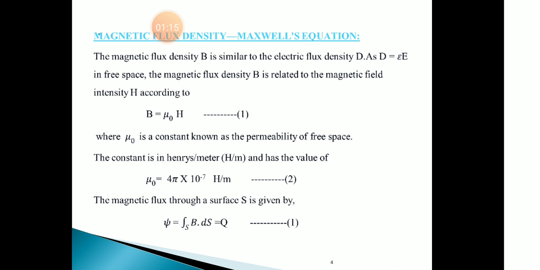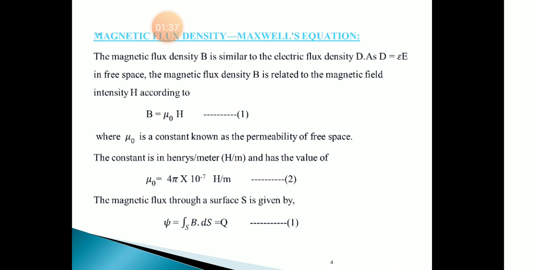The magnetic flux density is denoted by the letter B and is similar to the electric flux density D bar. As we know, D bar is equal to epsilon E bar, or epsilon naught E bar. Epsilon is for free space.